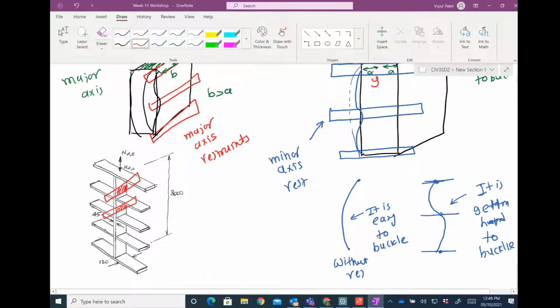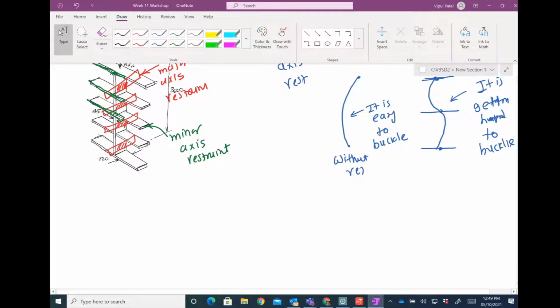Like this, like this, like this. That is my major axis, and this is attaching to this small part, and this is attaching to this one. So I hope you understand that. That is the major axis restraint, and this one is the minor axis restraint. All right, so now you know the difference between major and minor axis restraint.